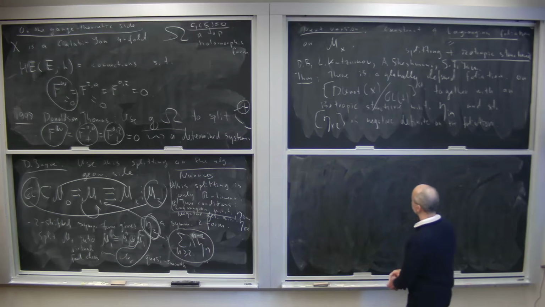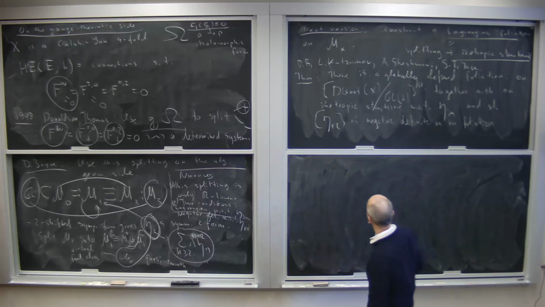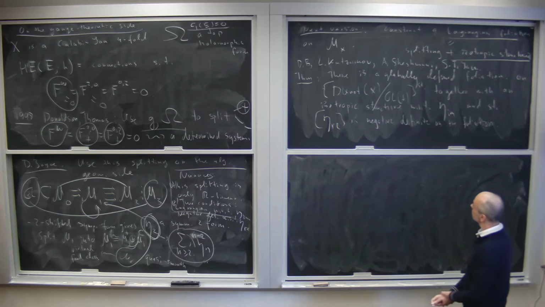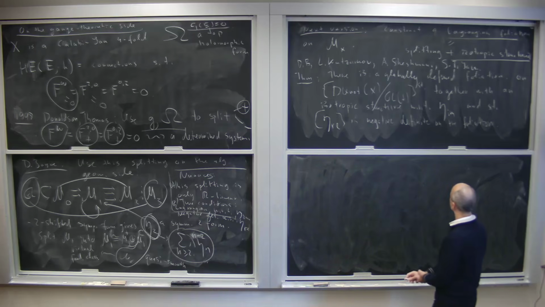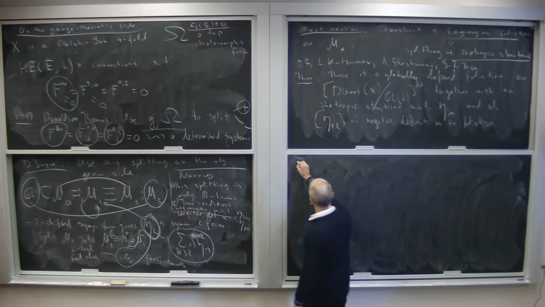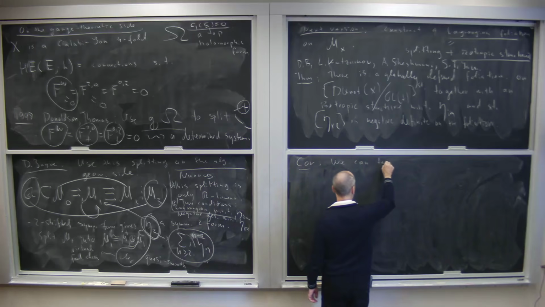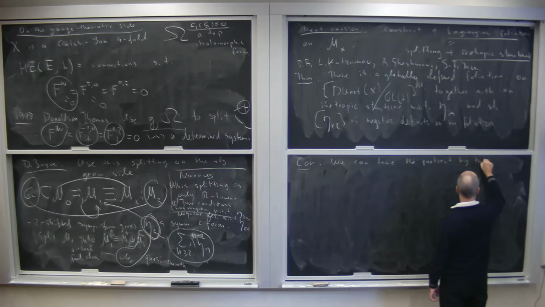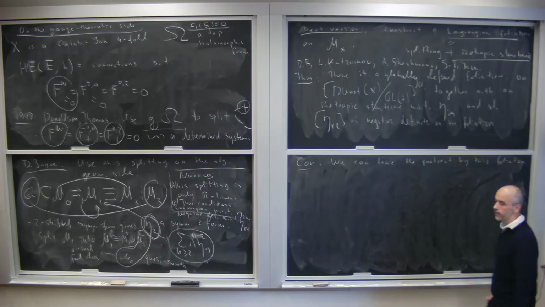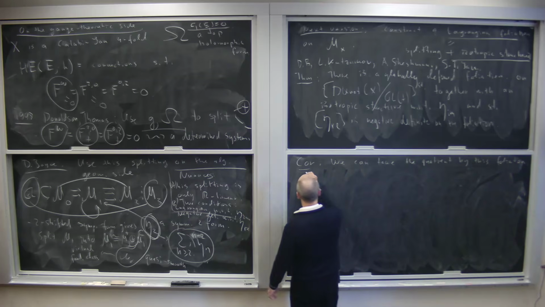So the fact that here we have this structure is that we can actually take the quotient by this foliation. So, corollary: we can take the quotient by this foliation and obtain something that is very explicit.